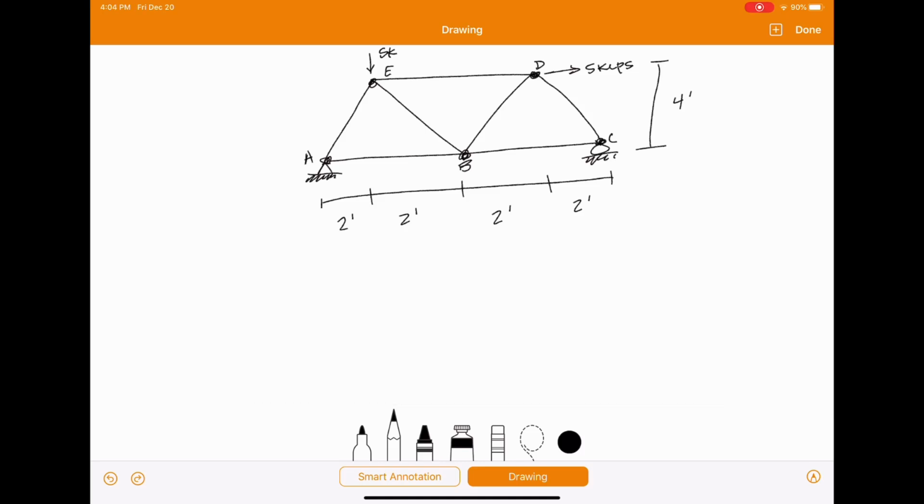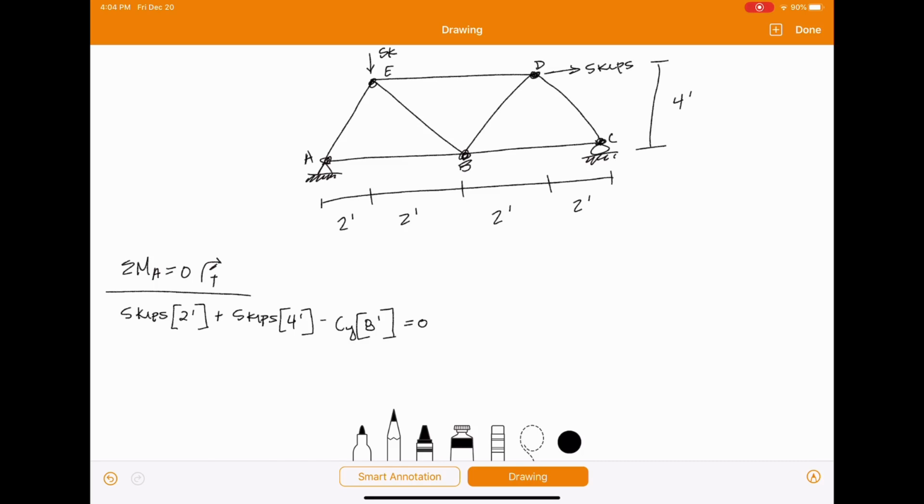And so we're going to take a moment about A. So we'd have our vertical 5 kips multiplied by a horizontal 2 feet positive plus 5 kips horizontal multiplied by 4 feet vertical equals minus our CY reaction vertical times our horizontal distance of 8 feet equals 0.